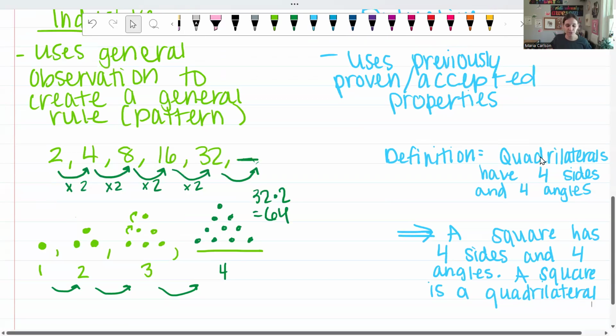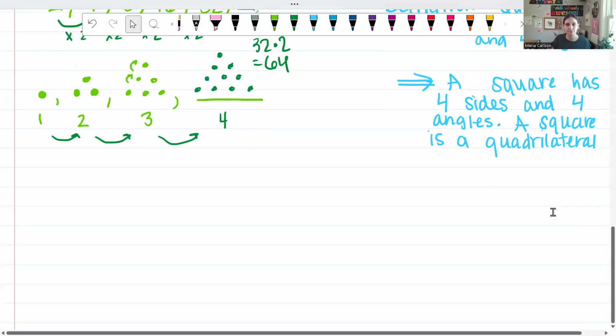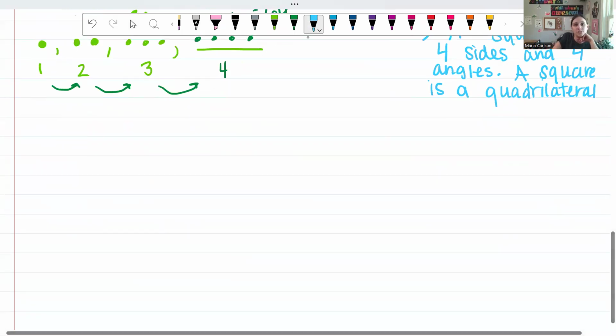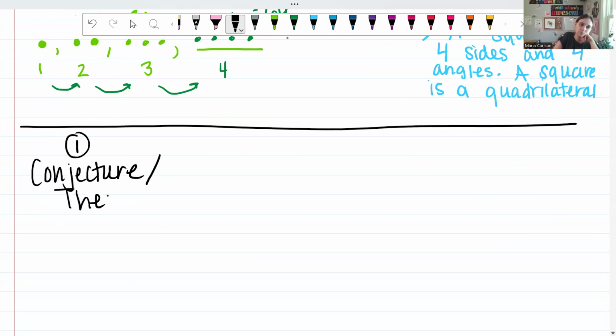So when we use those previously proven or accepted properties or anything that's given to us, anything we know, that's using deductive reasoning. So in general, you're going to start with some conjecture or some theorem, which really just is a statement to prove.